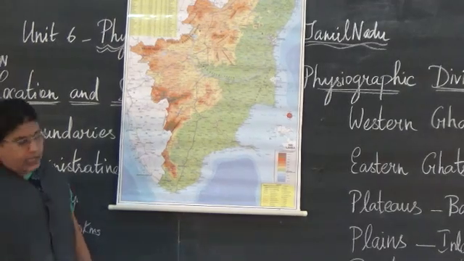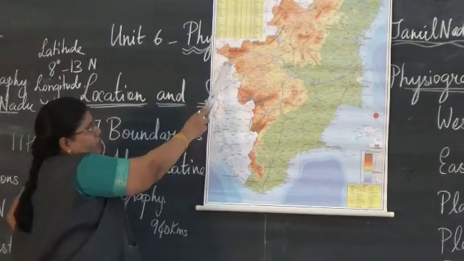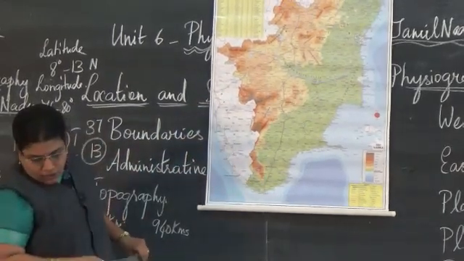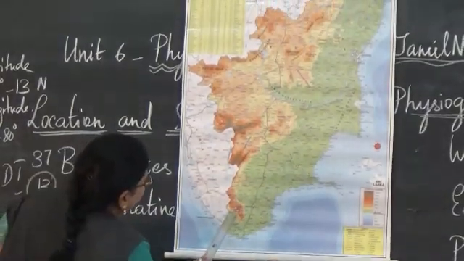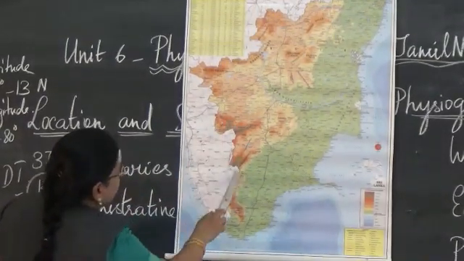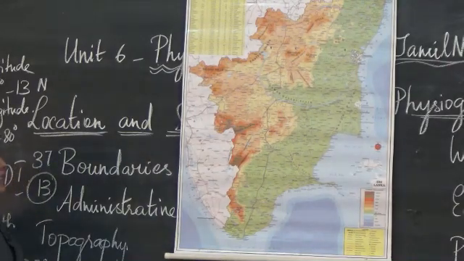The Western Ghats extends from Nilgiris in the north to Marunduval Malai in the south. The height of the Western Ghats ranges from 2000 meters to 3000 meters.